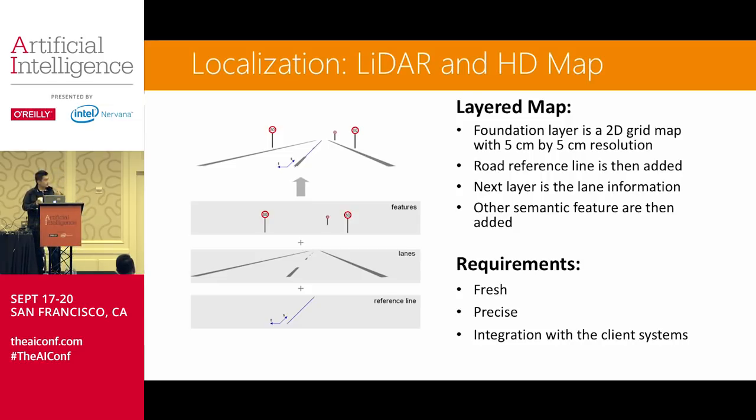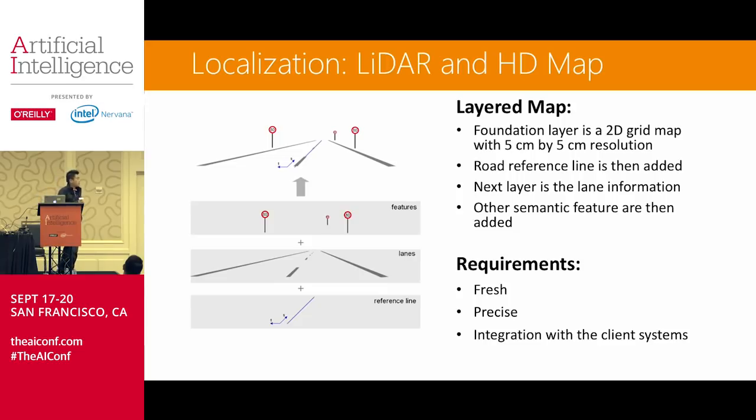Google Map gives you road level accuracy. You can go to San Francisco and it tells you to go from point A on Main Street to point B on Main Street. That's enough for you to drive, right? But for a vehicle to drive itself, it needs to know which lane it travels on. So to get to lane level, you need decimeter level, or 10 centimeter at least, accuracy.